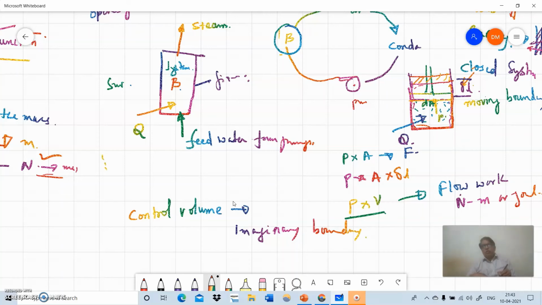This is also an imaginary boundary drawn to show, say there is some boiler or turbine, right? This is the inlet, the work output, that is the work done. Steam inlet, steam outlet. If you take a turbine, in that case I can make a control volume across it.